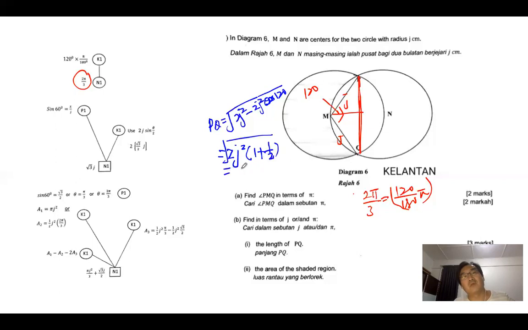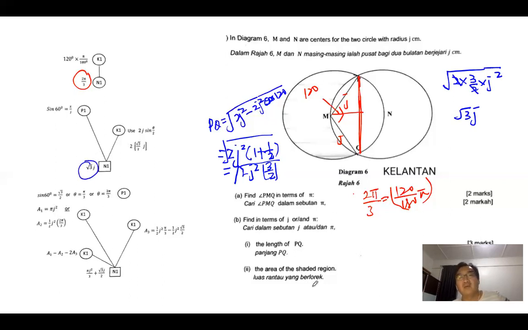So this one will be 2 times j square times 3 over 2. Right, and this one is square root. Okay, hopefully you can see my handwriting. So it's like this. So 2 times 3 over 2 times j square. So 2 and 2 can cancel out, and then square root of j square will be j. Therefore, you get this answer.